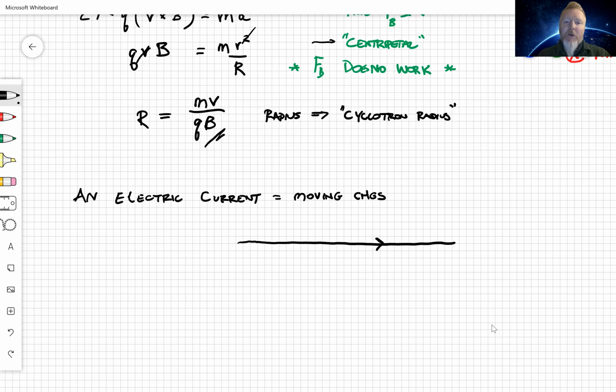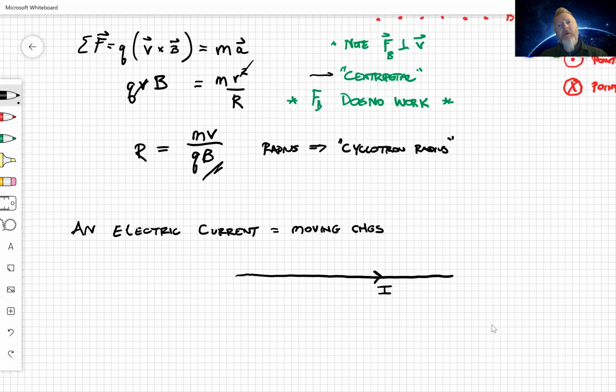Now, here's a current I. If I want to find out what the force is on a current, I do the same thing.